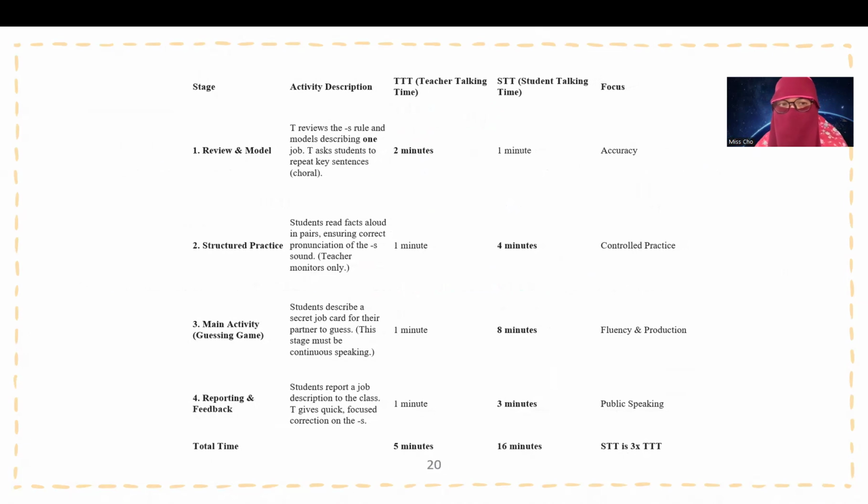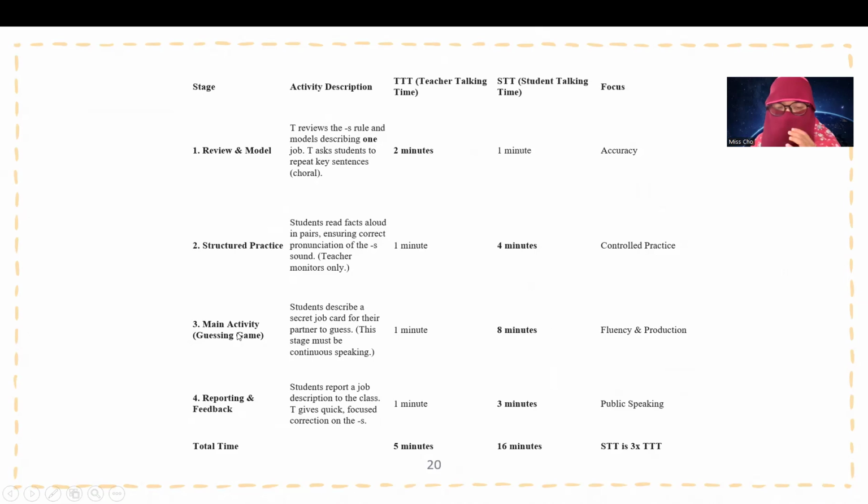So this is my explanation sheet. First, the review and model. The teacher reviews the S rule and models describing one job, and asks students to repeat key sentences orally. The focus is accuracy. Secondly, the structure practice. Students read facts aloud in pairs, ensuring correct pronunciation of the S sound, and the teacher monitors only for controlled practice.